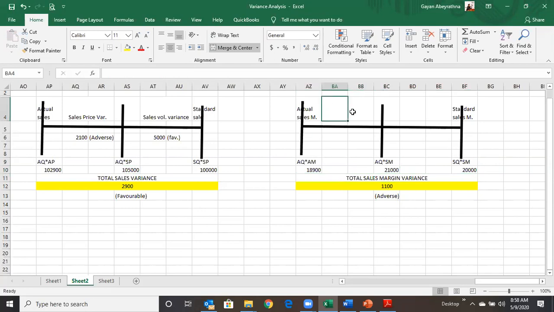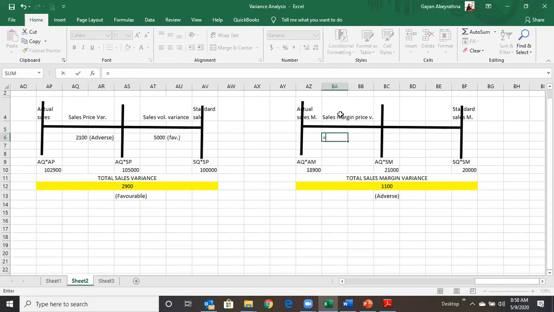The difference between these 2 points is what was earlier the sales price variance, now changing to sales margin price variance.